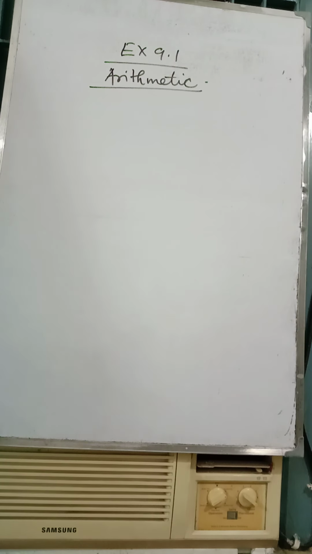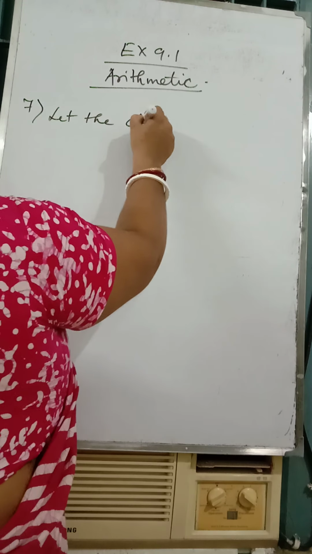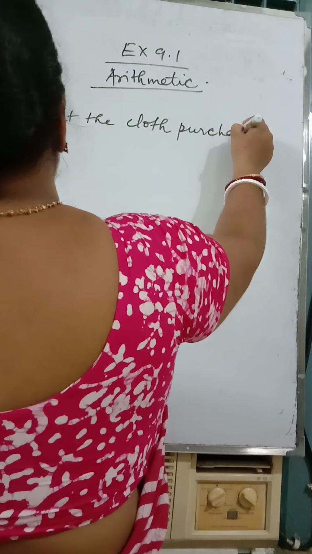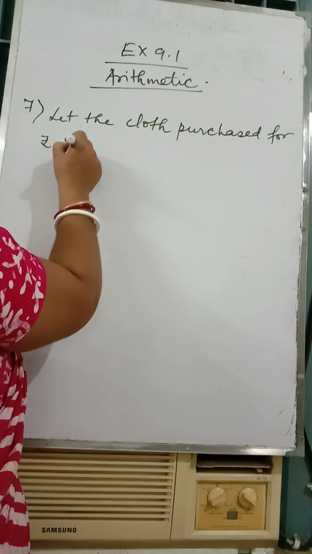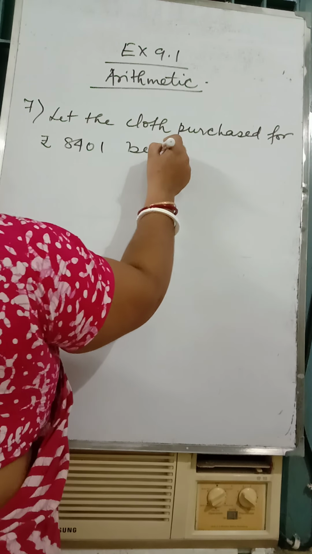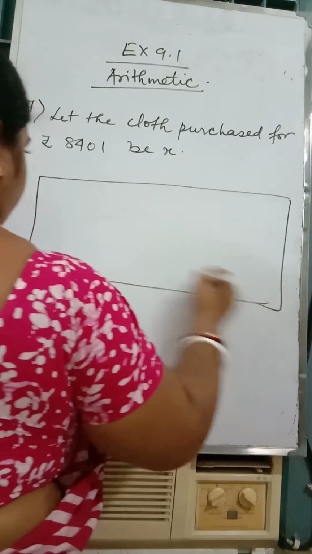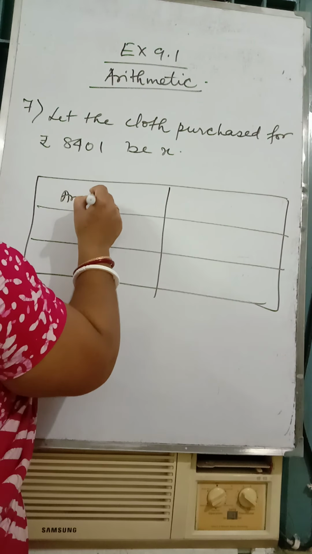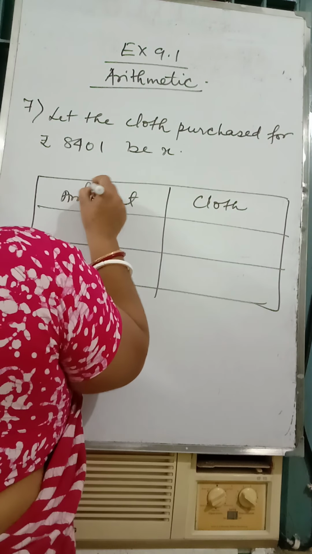Question number 7. Let the cloth purchased for ₹8,401 be X. Now here, amount and cloth, paid amount and cloth.